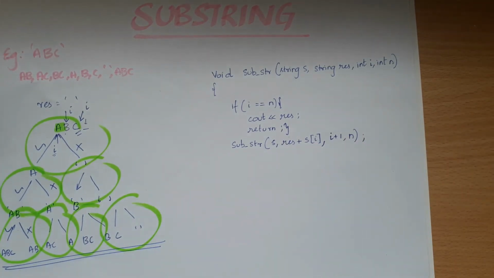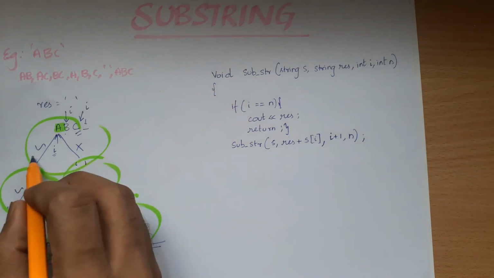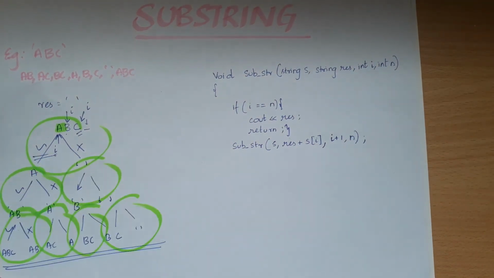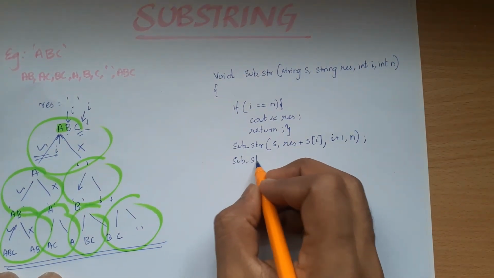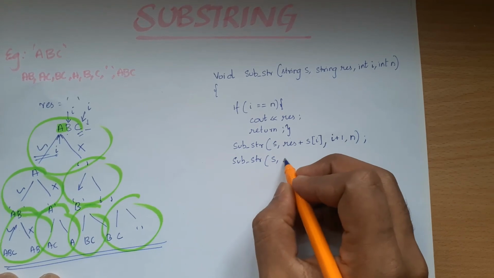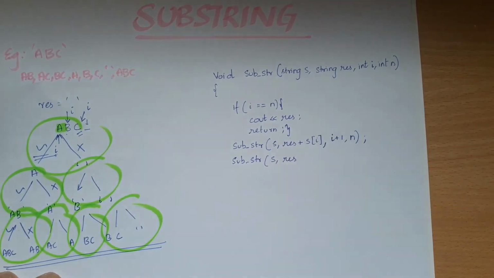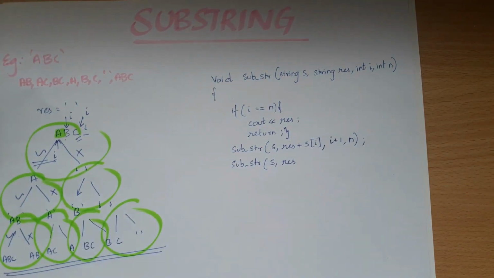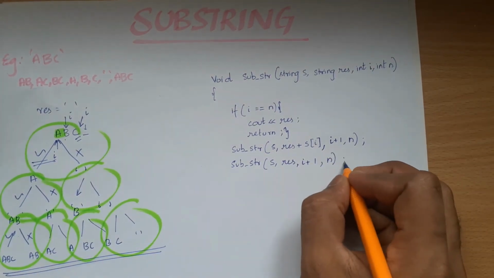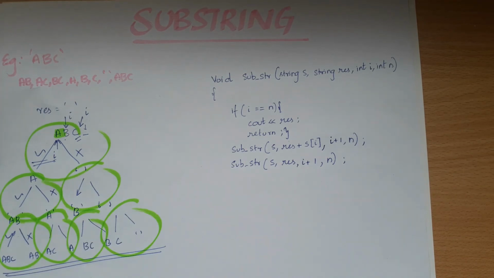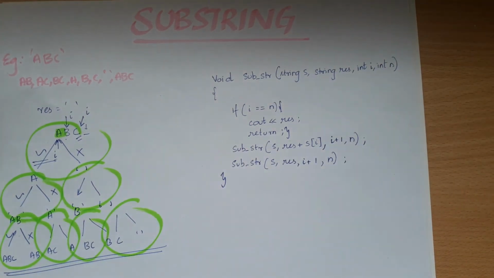This case is when we decide to include the character pointed to by our iterator. But for the other case, which is not including it, we call the same function but we don't concatenate anything to result, just increment our pointer, and the size remains as such. That's all. We have written the code.